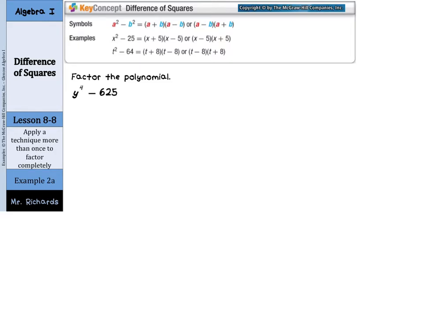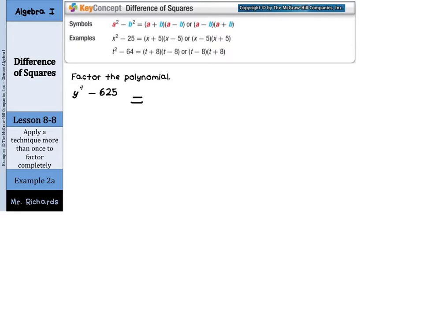Now it is possible, using this difference of squares method, that we may need to apply this technique more than once to factor completely. So we have y to the fourth minus 625. Let's try to get this in the a squared minus b squared form.